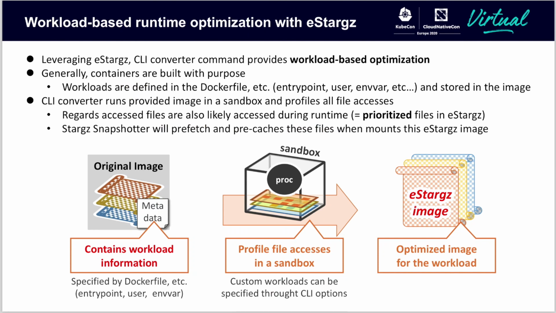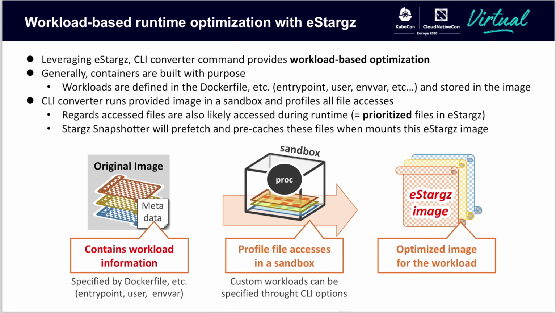And leveraging eStargz, the CLI converter by the project provides workload-based optimization. Generally, containers are built with a purpose, and workloads are defined in the Dockerfile with the entrypoint, user, env, etc., and stored in the image.